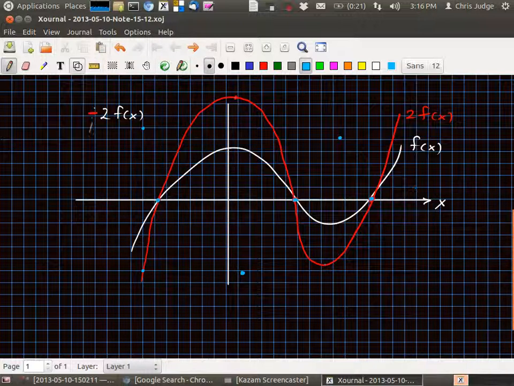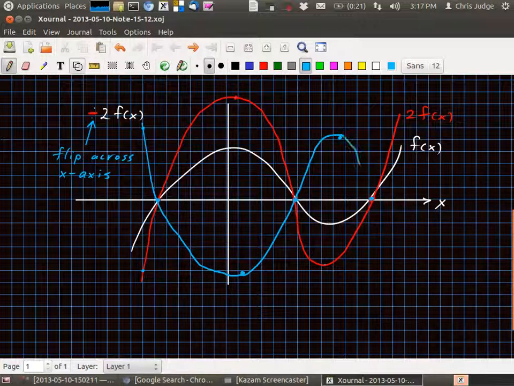So in general, the minus sign means flip across the x-axis. So what does the new graph look like? Instead of going up, it goes down, and it goes down here, and it goes up.